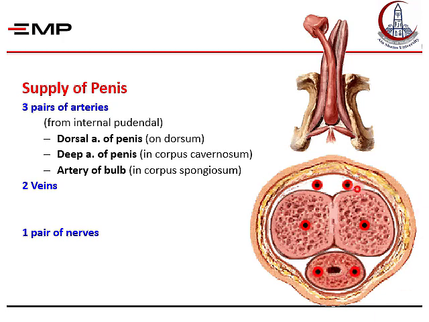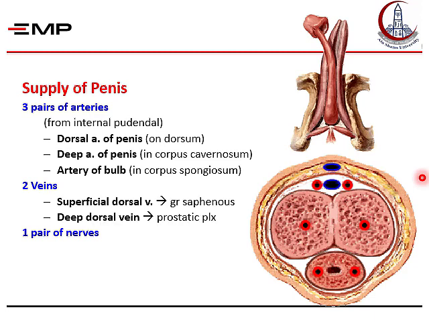So these are the three pairs of arteries. One in corpus spongiosum, one in the corpus cavernosum, and one outside the corpora. Regarding the two veins, we have the superficial dorsal vein of the penis, and the deep dorsal vein of the penis.